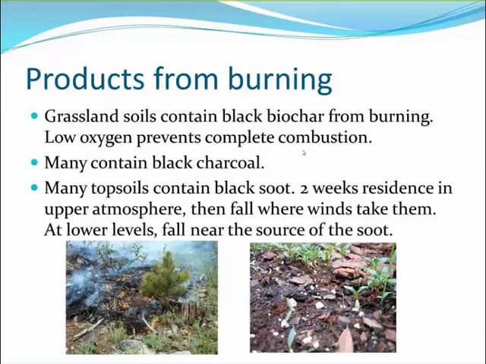And we think of charcoal as actually being burned up pieces of wood. We also get biochar, which is essentially just a very, very fine version of charcoal. It's charcoal from grass, if you want to think about it that way. But again, it's incompletely burned, and that's why it's black.